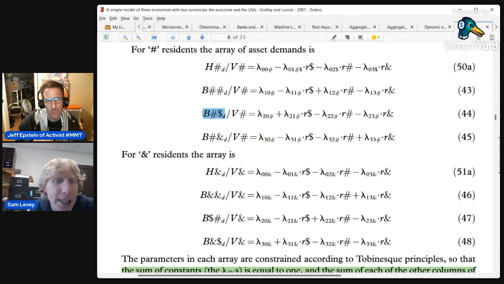The central bank is keeping track that somebody owns a government bond in a different country, or maybe there's also some brokers in between, like they do securities clearing and kind of weird things like that. Either way you want to think of it, you could think of it as an account, or you could think of it as a piece of paper. But either way, the U.S. government issued an IOU. That's what this $ sign here means. And it's being held by somebody in the hashtag country.